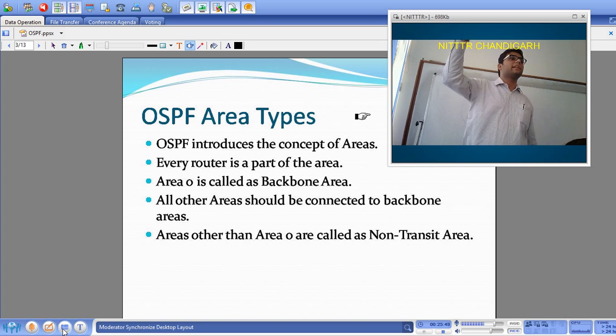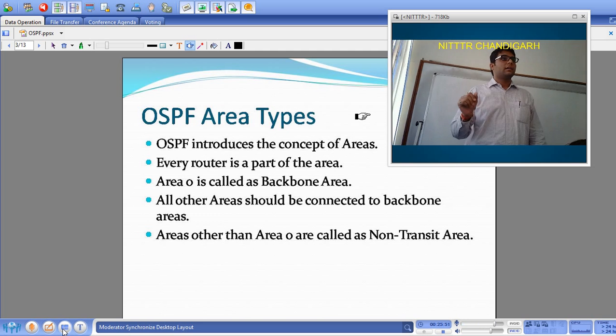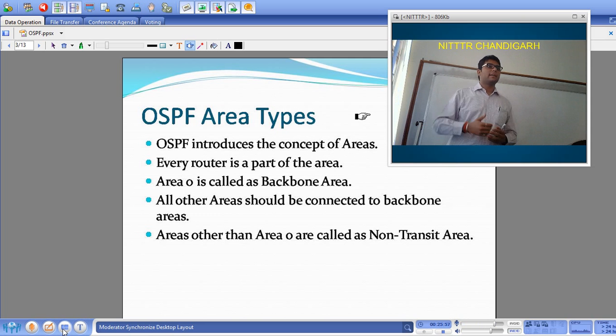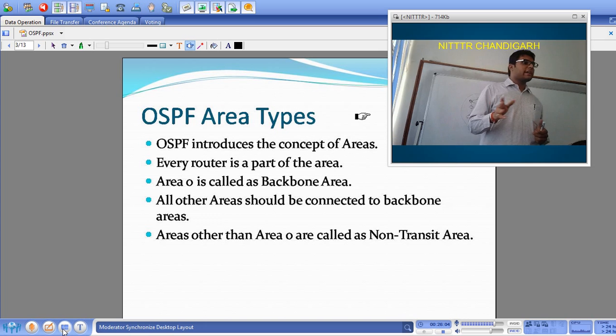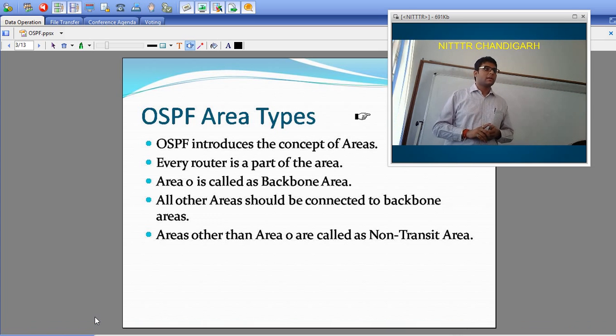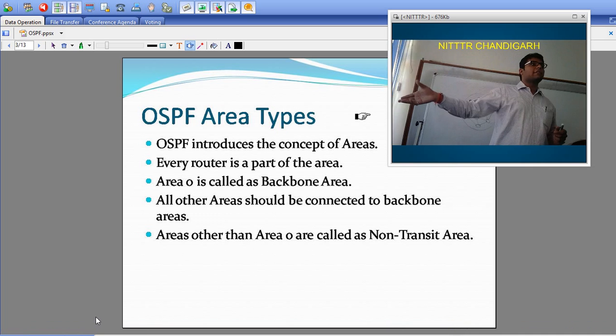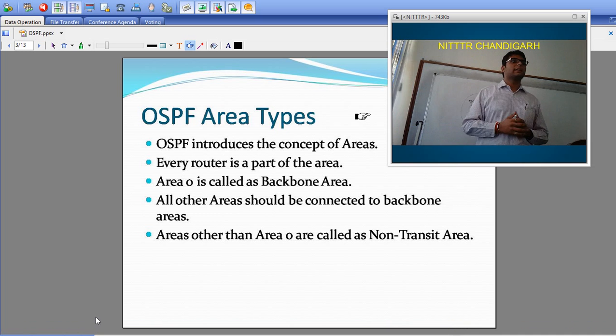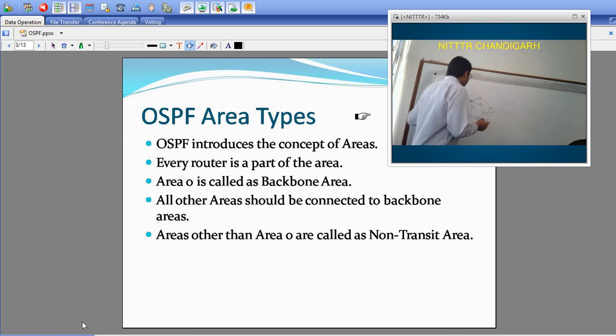Every router has to have connectivity with the backbone area. At your level, as you are doing it for the very first time, I'll keep you till only one area, which is your area 0. All right. Every router is part of an area. Area 0 is called your backbone area. All the other areas which you are configuring will be called non-transit areas. What are they? Non-transit areas.